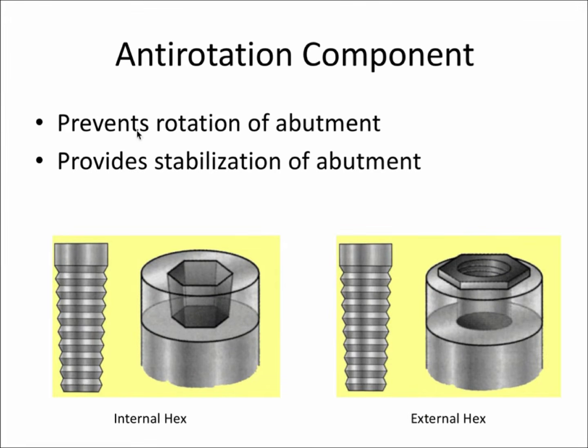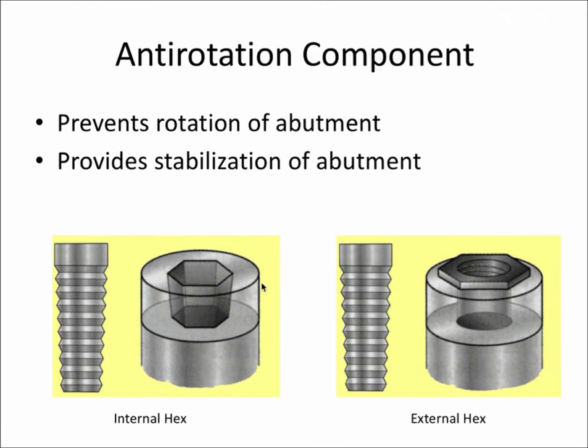Essentially, it's preventing spinning and preventing rocking back and forth of the abutment. Spinning and rocking are very undesirable outcomes, so having this index to lock the various components together helps tremendously.